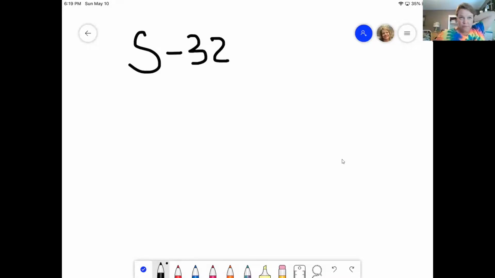The periodic table represents an average of atoms, an average of isotopes that are found in nature. So if I say the isotope sulfur 32, which is how we would say this, I could also say atom 32, but I'm specifically telling you the mass number of this isotope. Not all sulfur atoms have this mass number. They all have the same atomic number, but they don't have the same mass number.